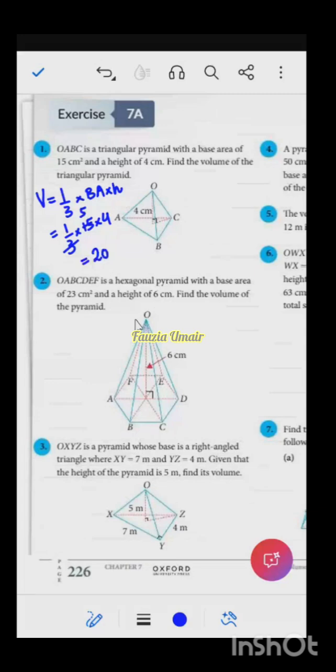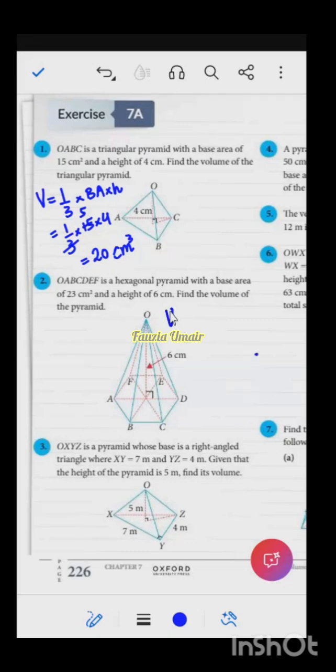What would be the unit? Centimeter cube, because it's volume. Cubic centimeter is the unit. Now comes the next one. OABCDEF is a hexagonal pyramid with base area 23 centimeter square and a height of 6 centimeter. Find the volume.